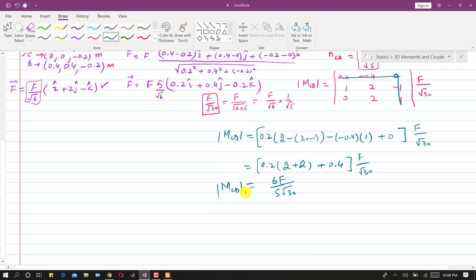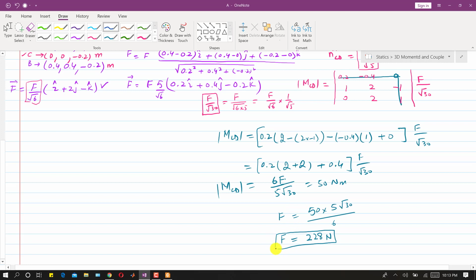We are given that M_CD is equal to 50 Newton meter, and we are required to find F. So F will be equal to 50 into 5 root 30 divided by 6. This will give us the force magnitude. When I solve this, the magnitude of force is 228 Newton, right? So this was required in this problem.